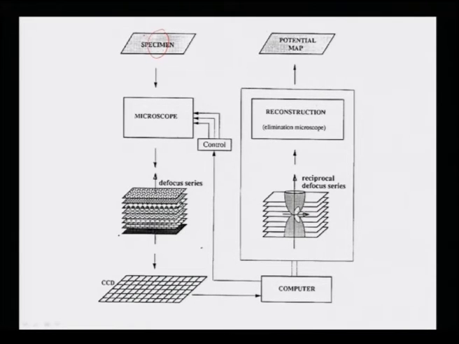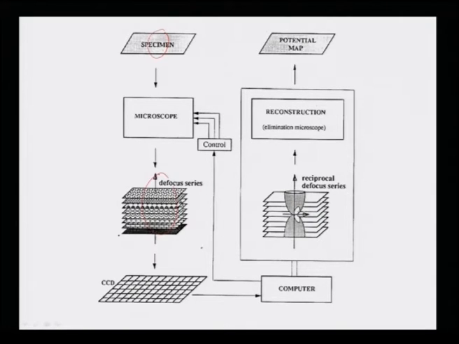And to make life simpler, we always get a defocus series of images, where the defocus of the objective lens is varied systematically, and images are obtained as black and white dots, as you have seen in some of the pictures, and these images are fed into the computer.